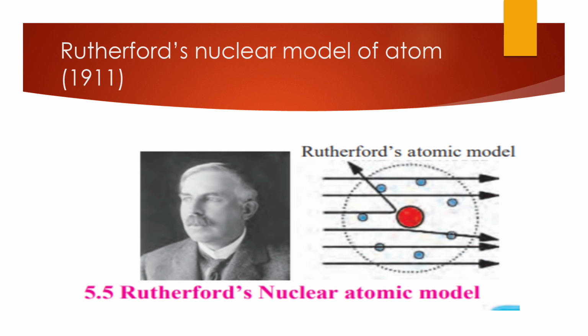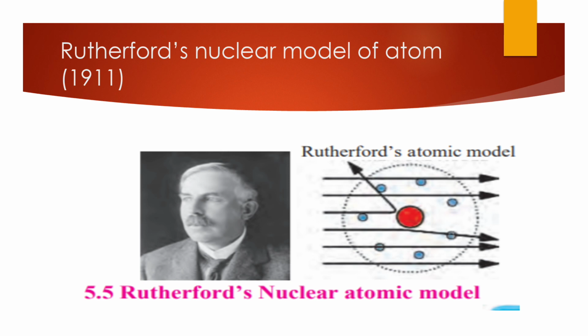It was an empty space, and that is why they traveled in a straight line direction. So there must be an empty space inside the atom in the solid gold foil.